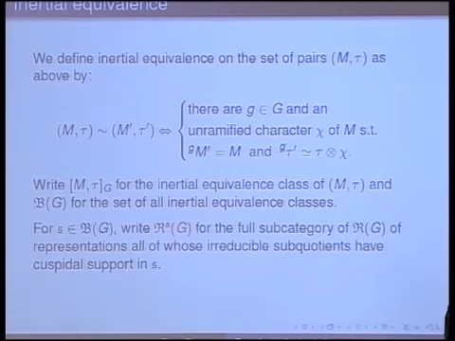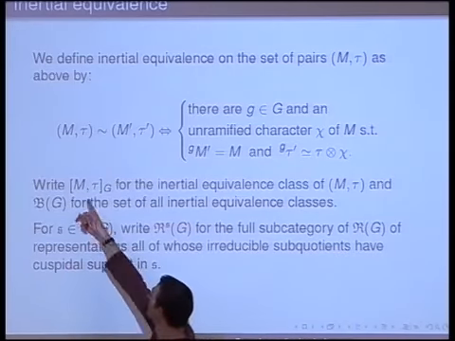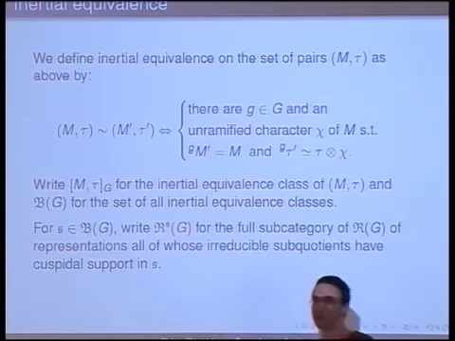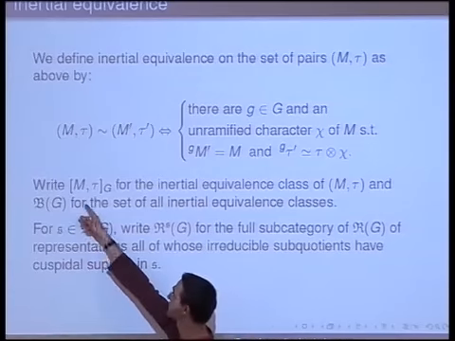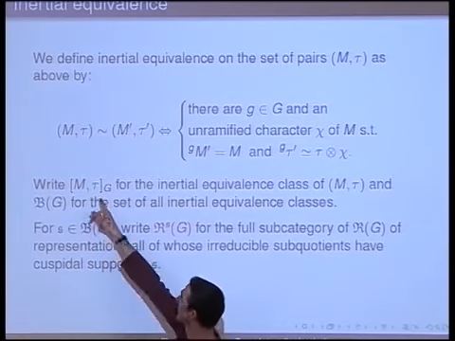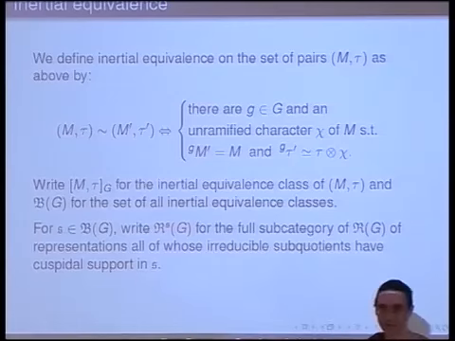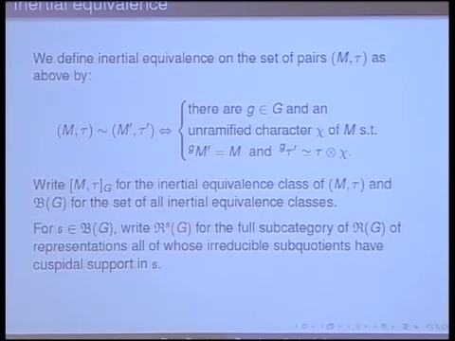It's the subcategory which consists of representations, all of whose irreducible subquotients have their cuspidal support in here. In other words, they all have cuspidal support on a conjugate of M and τ, up to twisting by some unramified character.